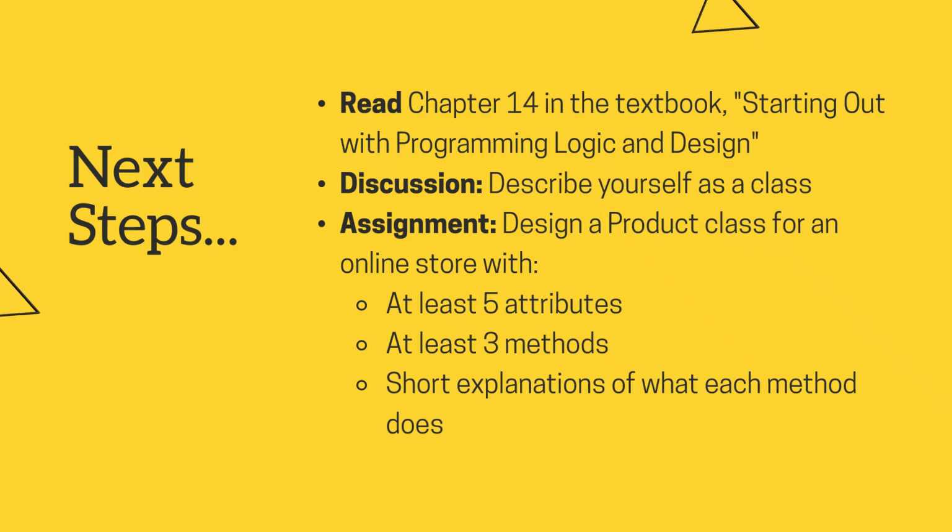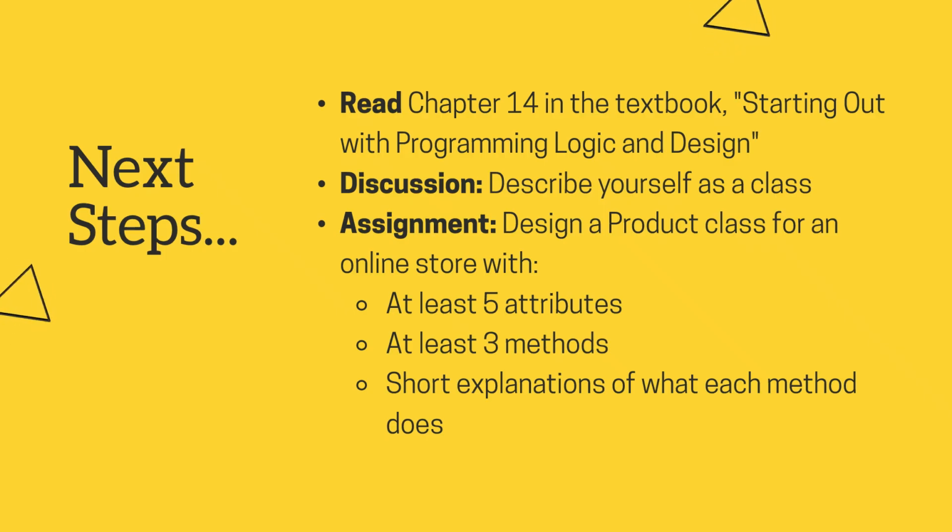Your next steps for this week: you're going to read chapter 14 in the textbook, which reinforces some of what we talked about. You've got a discussion where you're going to describe yourself as a class. You're going to describe your attributes and your methods. So start brainstorming: if I were an object, what would be my attributes?